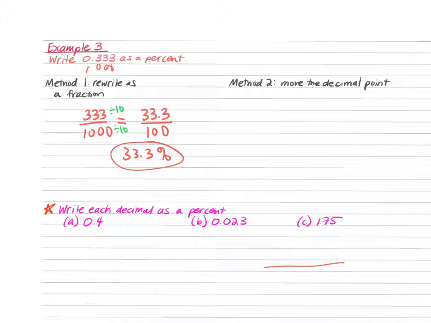I don't like that way. This way's better, but maybe you do. This way, you just take your decimal, and then you move the decimal place the other way. Before, when we were going from percent to decimal, we were going 2 places this way. Now we're going to do it backwards. We're going to go 2 places this way. So just move the decimal place 2 places. This is 33.3%.